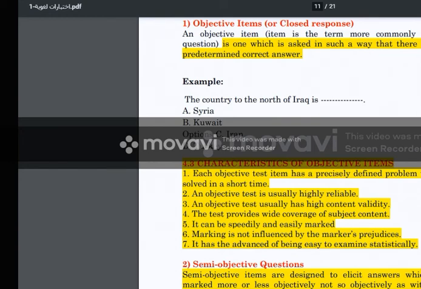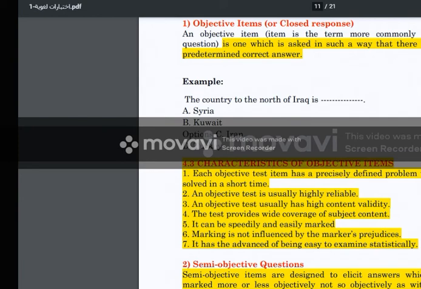The test provides wide coverage of subject content. I can design and write so many items that cover the majority of language areas and elements and separate the question.